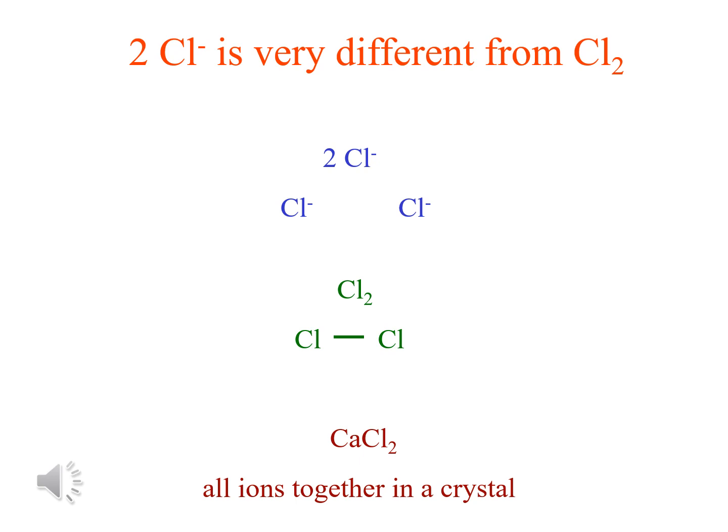See, when you have the 2 as a subscript, it means that those two ions or atoms are crammed together somehow, either in a covalent molecule or in a crystal. In calcium chloride, it would be in a crystal. Cl2 is the element chlorine, and those two chlorines are connected by a covalent bond or shared electrons because there's no metal present.